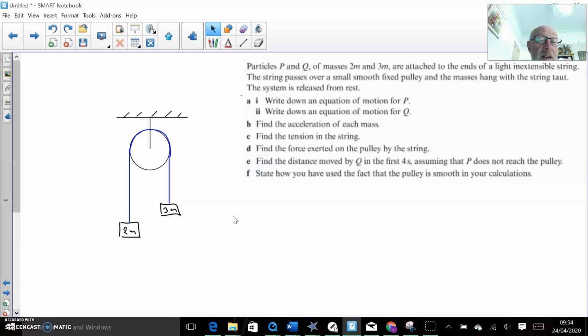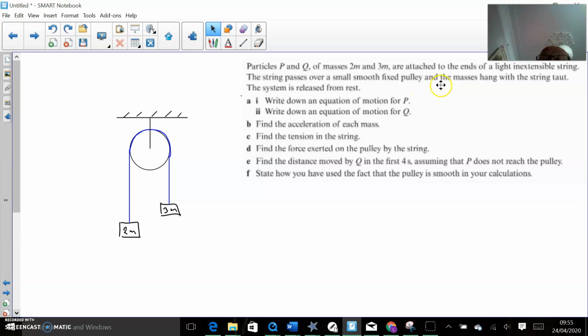They come in more complicated arrangements than we have here, but everything that's in this question is the things that you get asked. Now, let's have a look. Particles P and Q of masses 2m and 3m are attached to the ends of a light inextensible string. The string passes over a small, smooth, fixed pulley. So it doesn't rotate. It's fixed to the ceiling here.